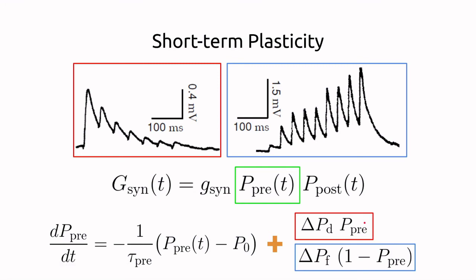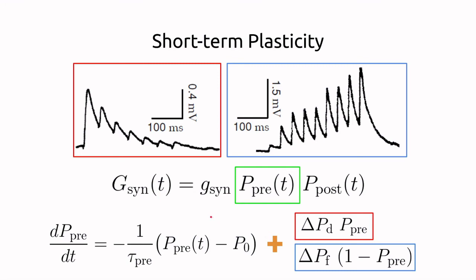In the case of depression, the change in the probability of release has added to it a negative number, delta P_D, because this quantity needs to be negative as we're reducing the probability of release, and that is multiplied by the current probability of release. If it's facilitating, then we add a positive number times 1 minus the probability of release. The reason behind using these two terms is just to make sure that this probability of release never leaves the range of values between 0 and 1.